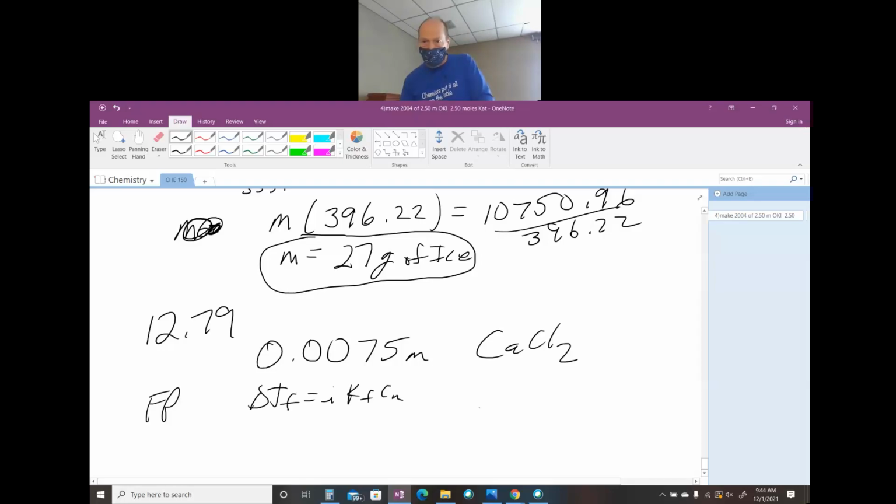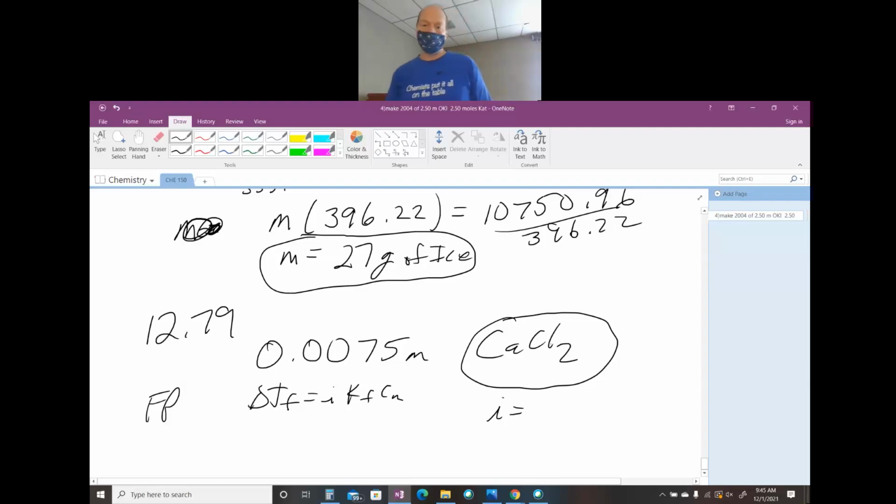It would be exactly the same, except this is not a molecular compound. This is an ionic compound. All right, and so when you have an ionic compound, your i is going to not be 1. The i value here is going to be what? So how many ions will be in this solution?